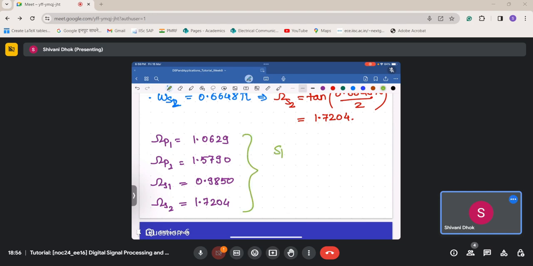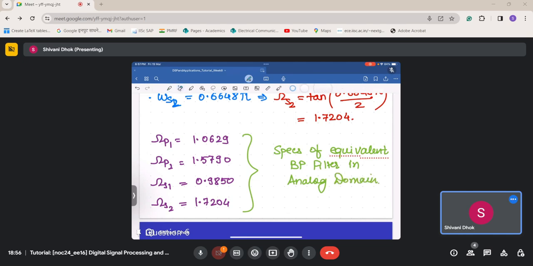So these things are specs of the equivalent bandpass filter in analog domain. Is it clear?